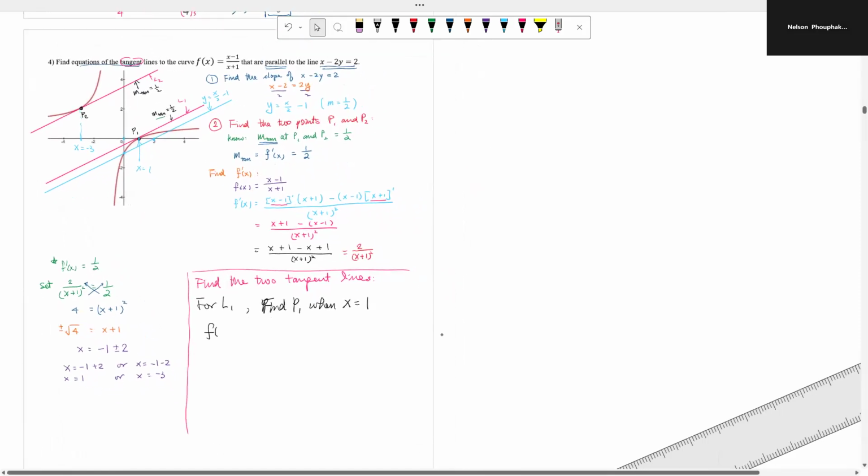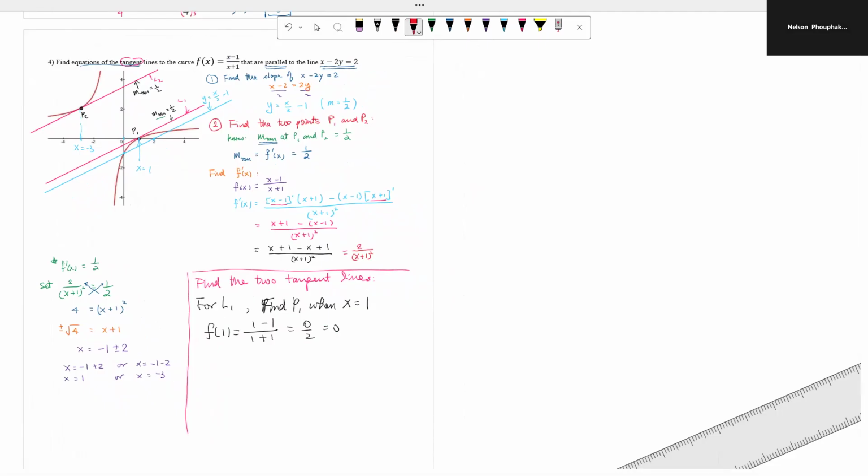So I have f of 1 equal to 1 minus 1 over 1 plus 1. In this case, I have the point 1, 0. Now I have the slope of the tangent is 1/2, and the point is 1, 0. Then I could use y minus 0 equal to 1/2 times x minus 1. So this is my L sub 1.